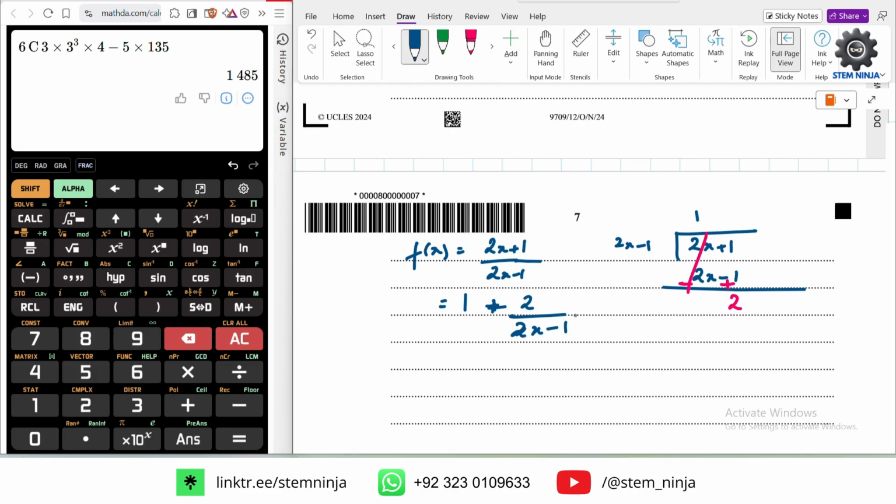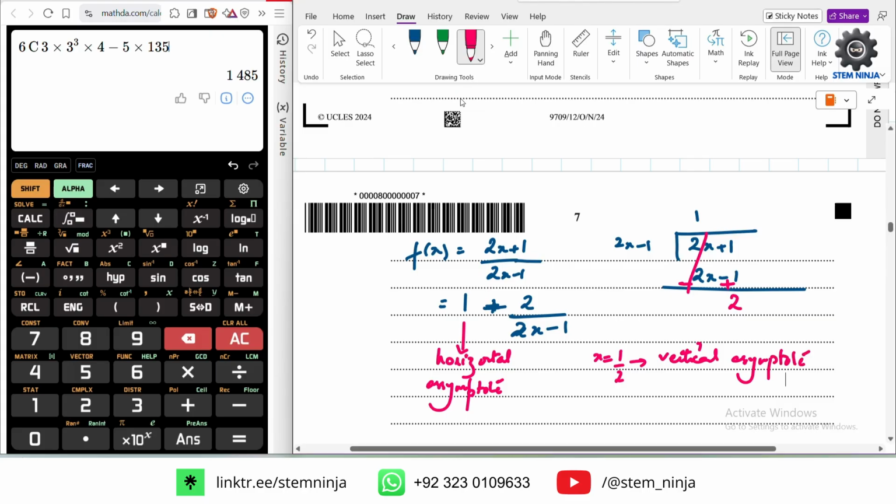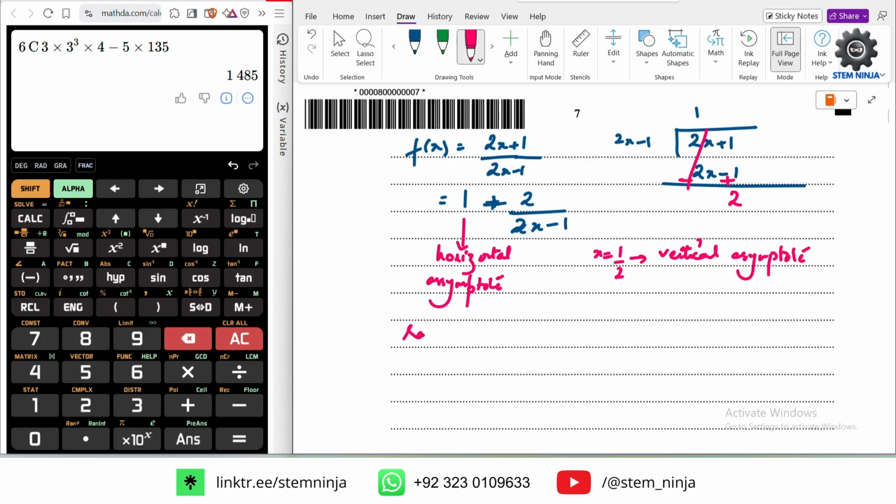So as you can see, this is a reciprocal function where 1 is your horizontal asymptote, and the vertical asymptote will be x equals 1 over 2. Okay, so the range of f of x is just simply f of x less than 1.